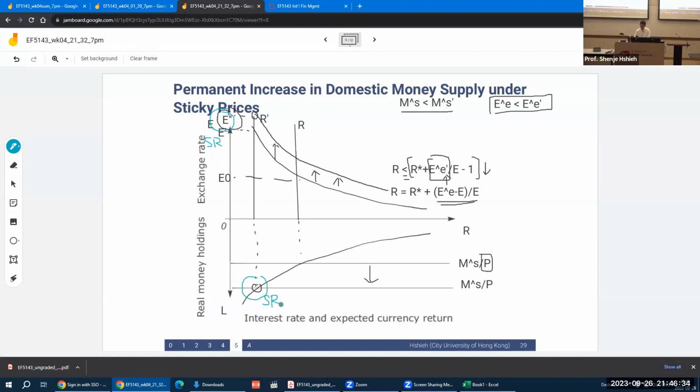Because under the short run, we have sticky prices. All right, but we're not done, right? Because I've only pointed out one equilibrium point for one scenario, which is when prices are sticky. That's the short run condition.